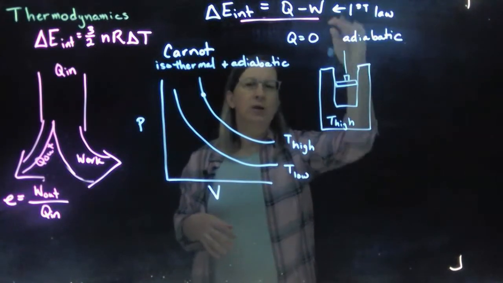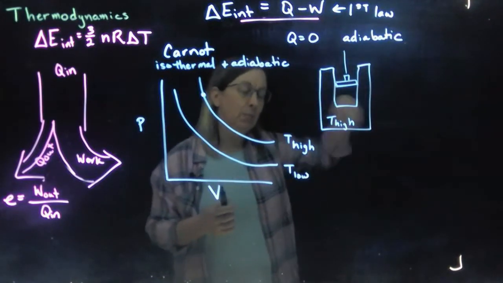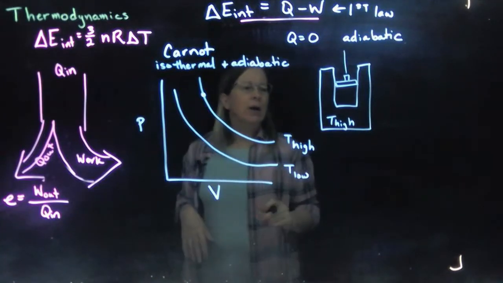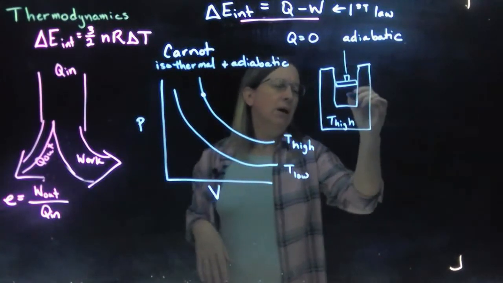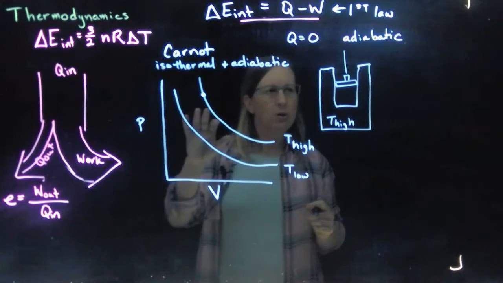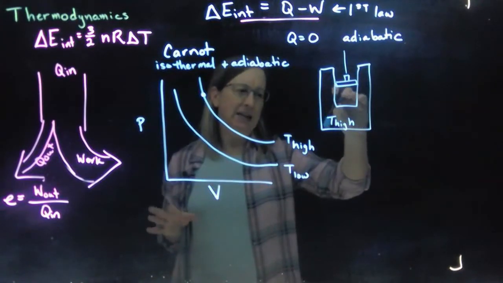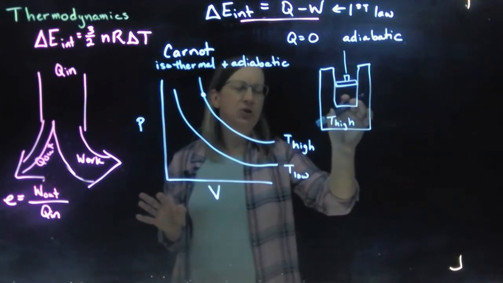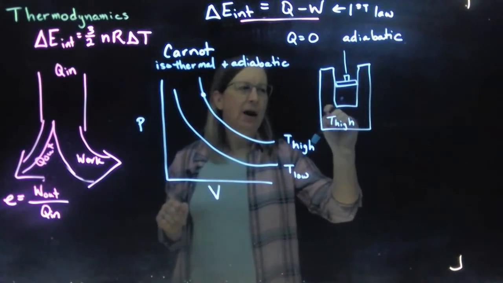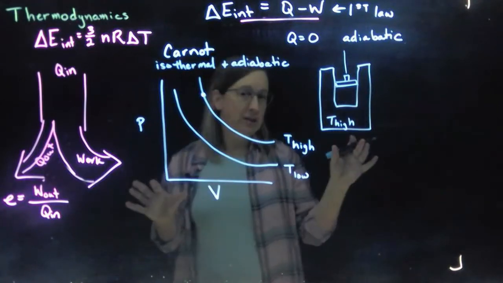So as this goes up and down, it makes something turn, okay? So as we put it near high temperature, we keep the pressure the same. We put our gas container next to this high temperature reservoir. And so the temperature stays constant.